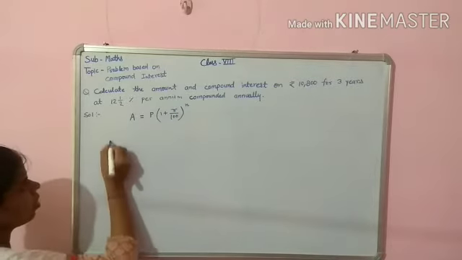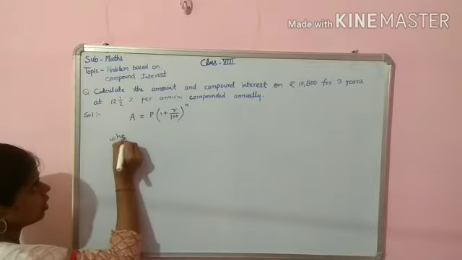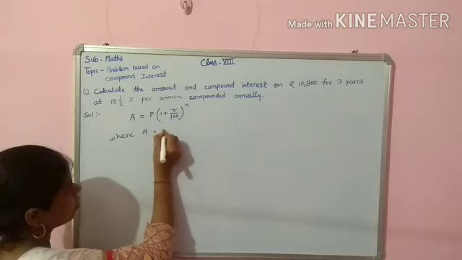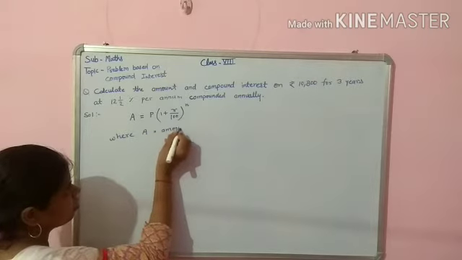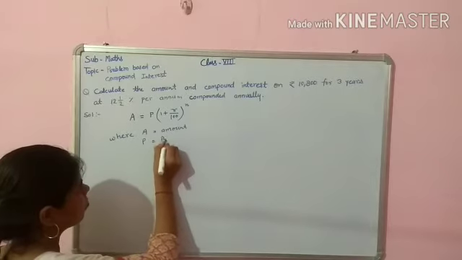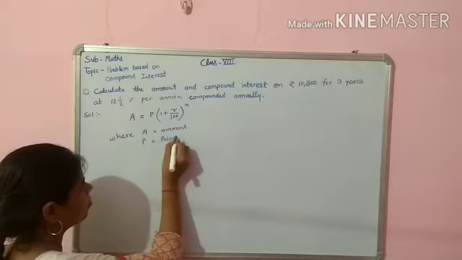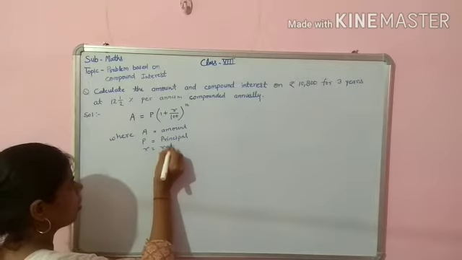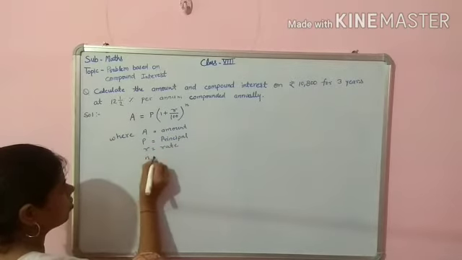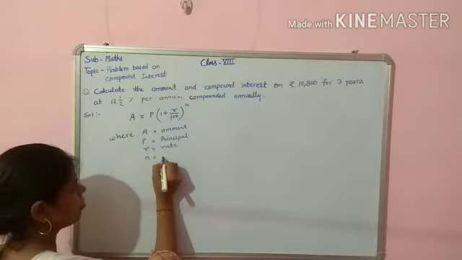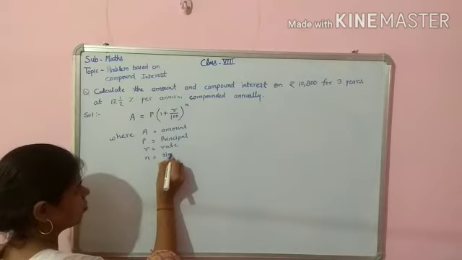Okay, where A is amount, P is principal, R is rate, and n is time.